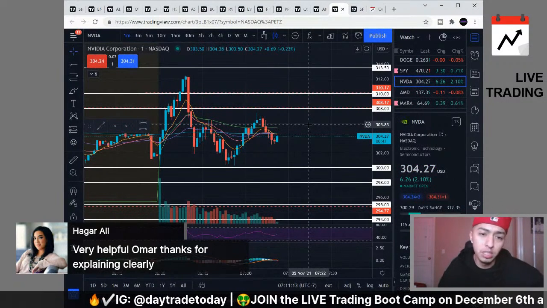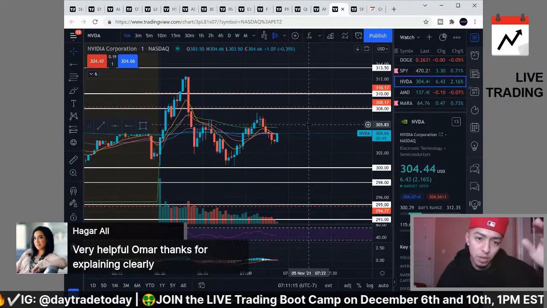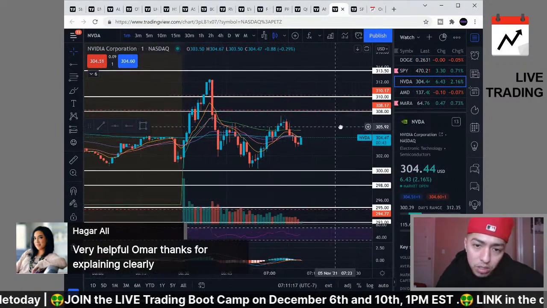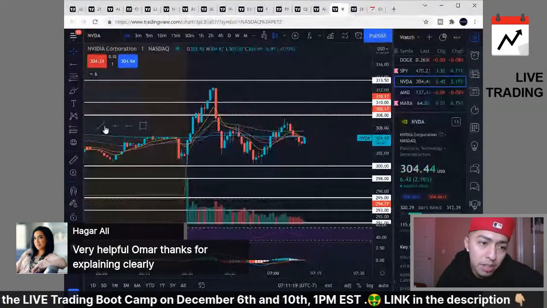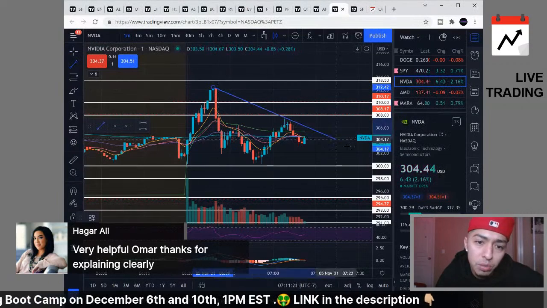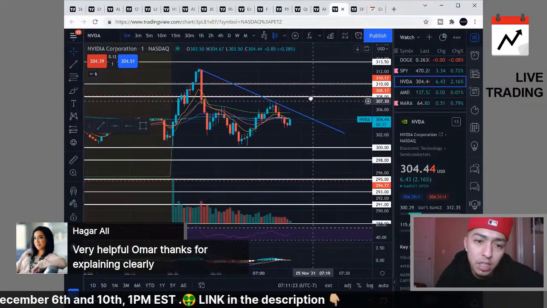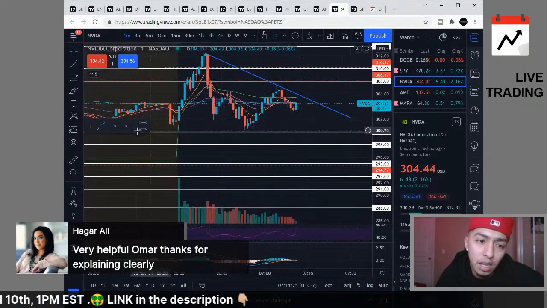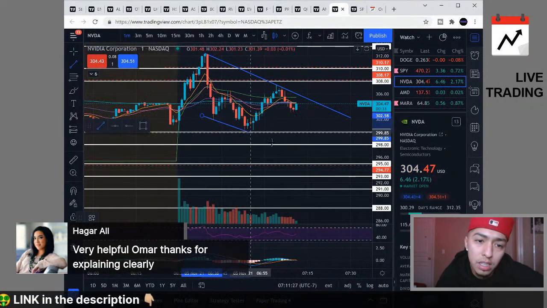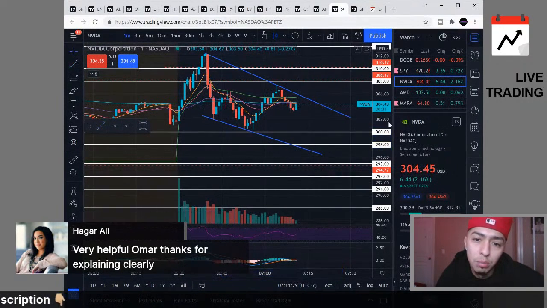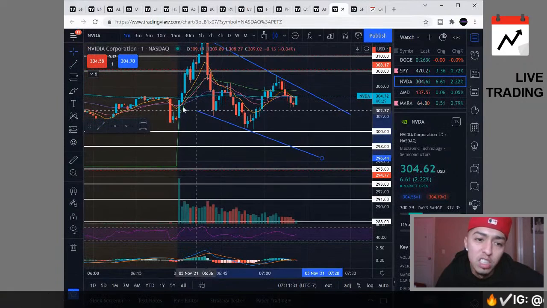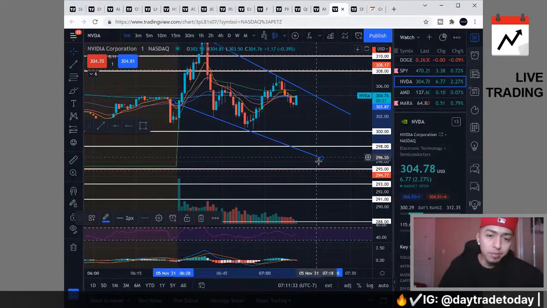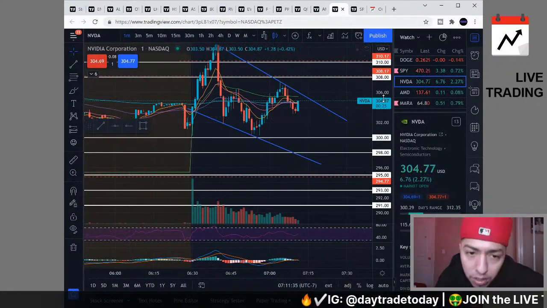Give it a few minutes to create a new wave, so you can start to make another pattern. So on NVDA, what I'm seeing is this is looking a lot like another bull flag. Yeah, this is another bull flag right here on NVDA.